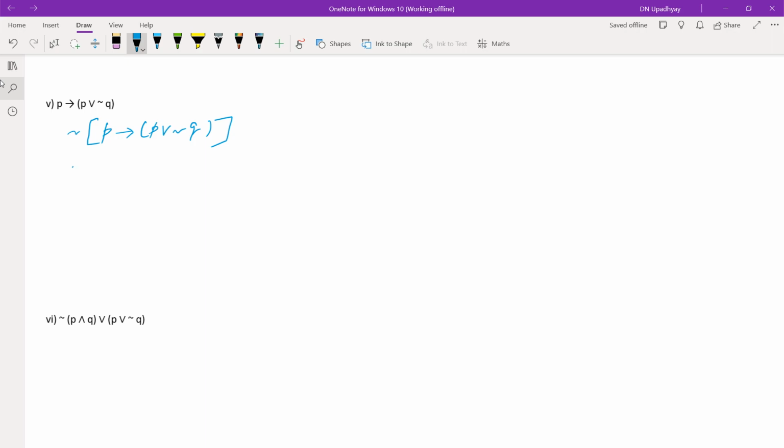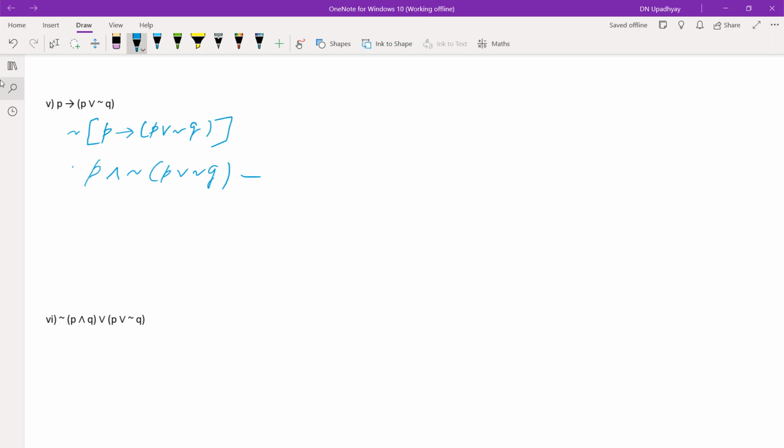How to write negation of implication? In negation of implication, we have to write the first term as it is, and negation of second term.